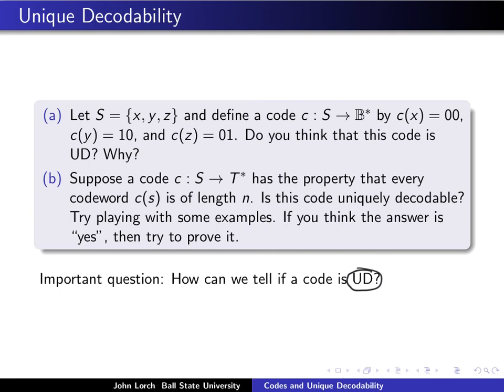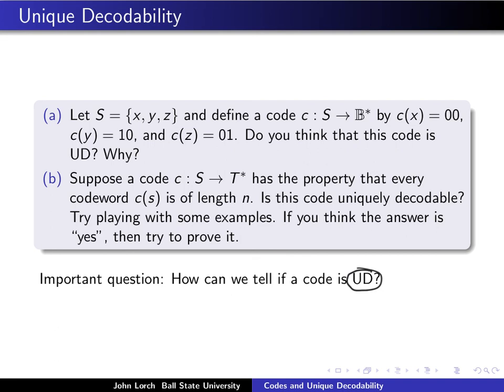Unfortunately, if you just try to check unique decodability using the definition on the previous slide, it can be quite difficult. So an important question is, what sort of easy to check conditions does a code have that would ensure that it's uniquely decodable? So I'd like to leave you with a couple of questions that you should think about. So first, in part A, we have our alphabet S, which is just, again, the letters X, Y, Z, and we define a code, C, from S into B star.